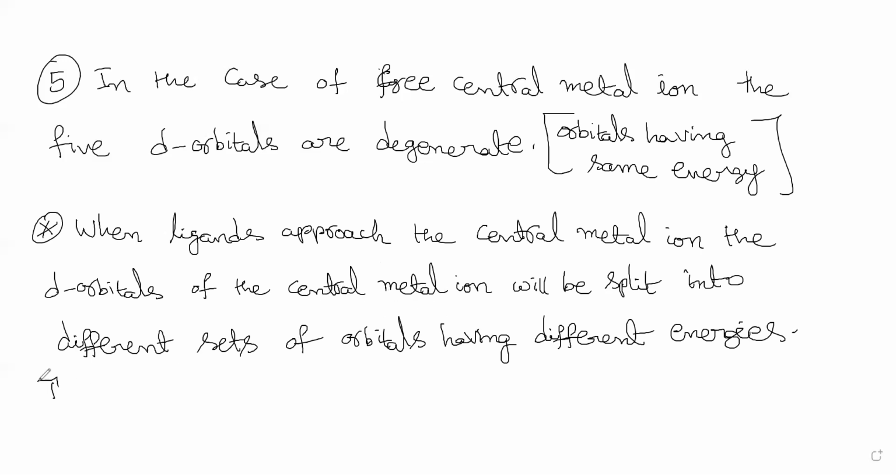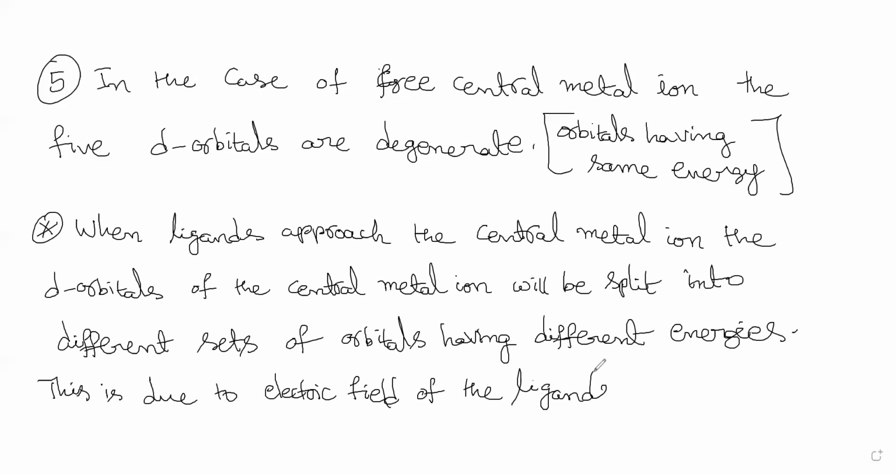This is due to the electric field of the ligands. Why does it happen? I'll explain this. A little bit tough concept, this one, don't worry. So when ligands approach the central metal ion, the d orbitals of the central metal ion will be split into different sets of orbitals having different energies.